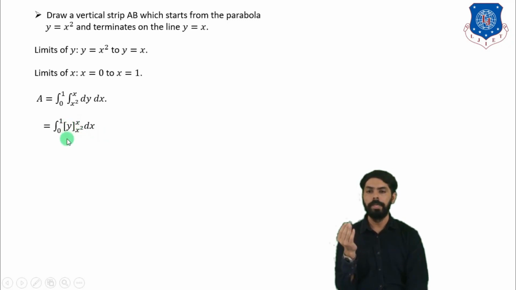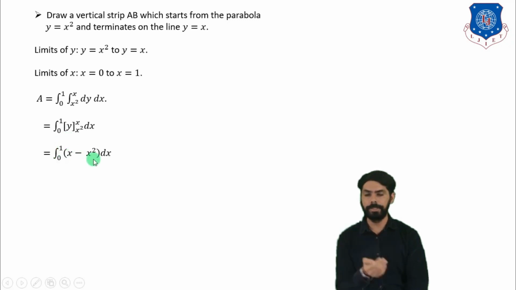So this will be integration from 0 to 1 x minus x square dx. Now here integration of x with respect to x will be x square divided by 2. Same way here integration of x square with respect to x will be x cube divided by 3, because we know that integration of x raised to n is x raised to n plus 1 divided by n plus 1.